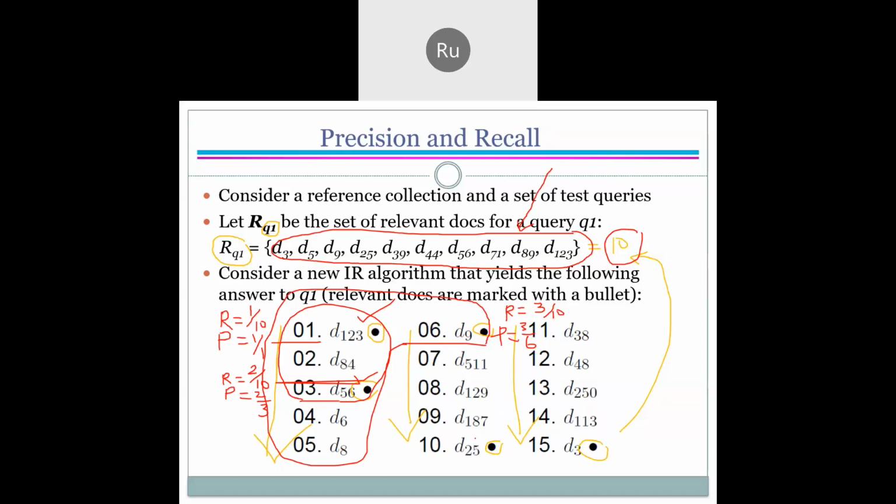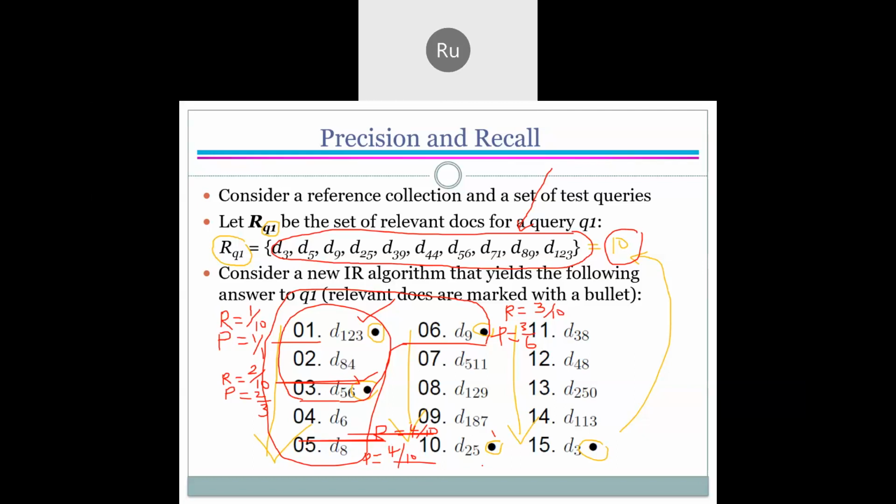Okay, what about here? What is the recall? 4 over 10, right? So what is the precision? 4 over 10 also, right?